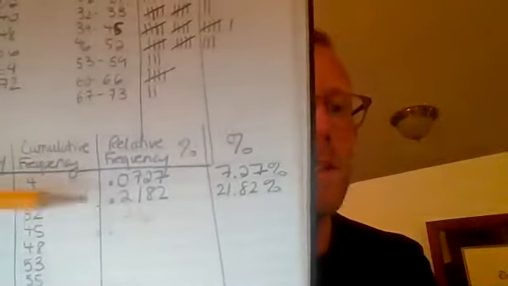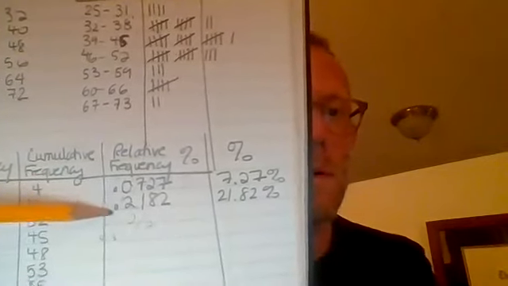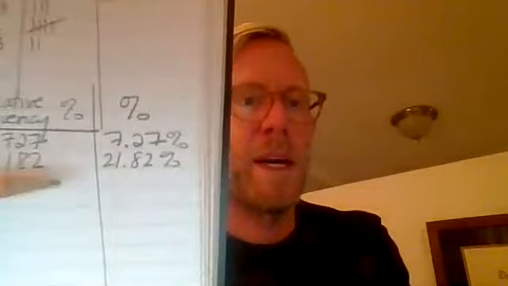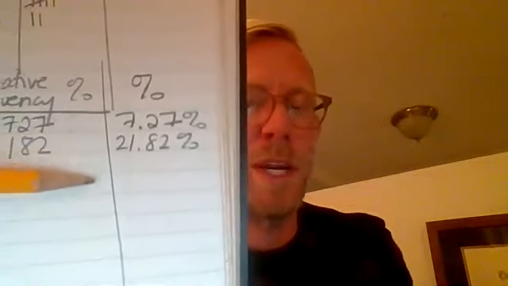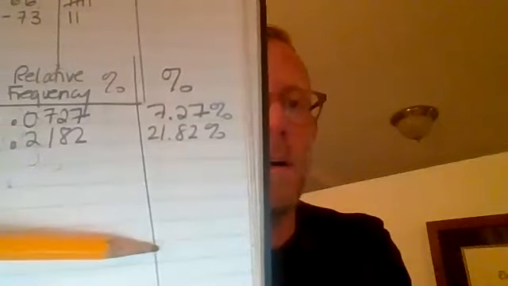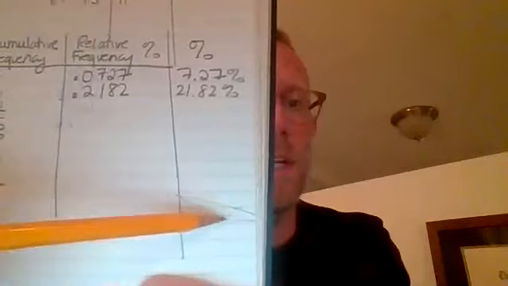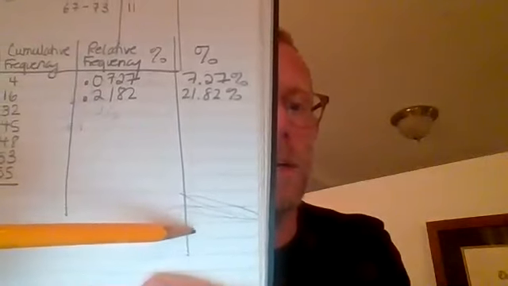I'm going to hold this back up here again. You see here where I put just the decimal, and then I've made it just a percentage. Now, if I continue on all the way down here and I add up all these percentages, what number should I get down here?